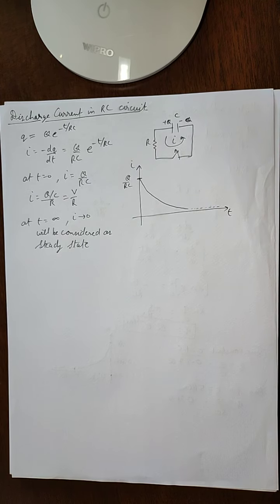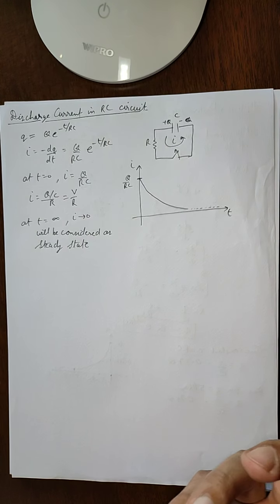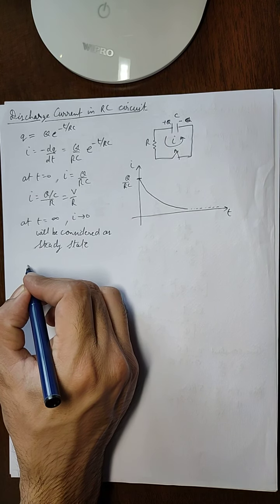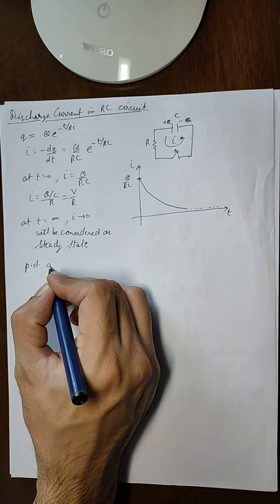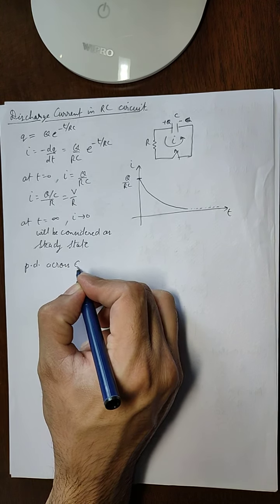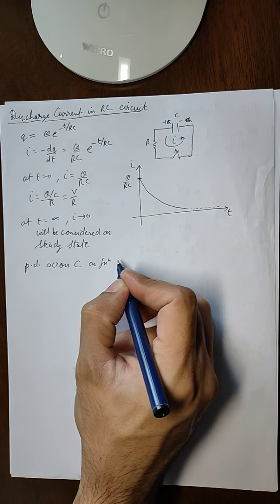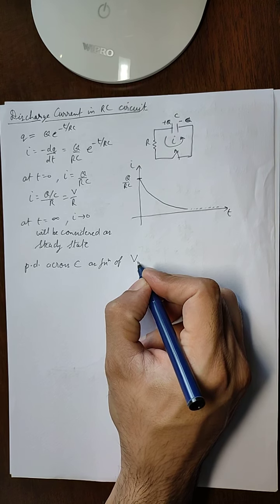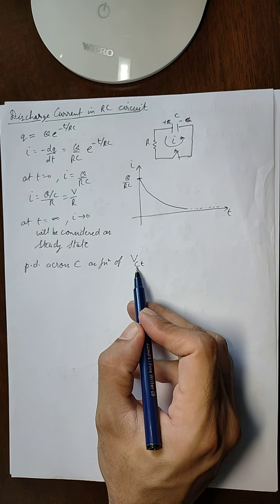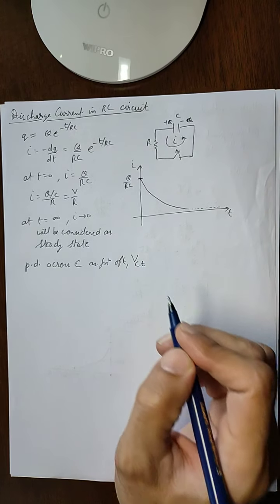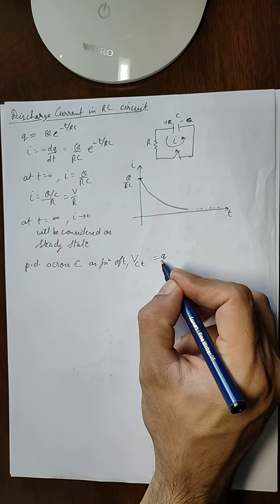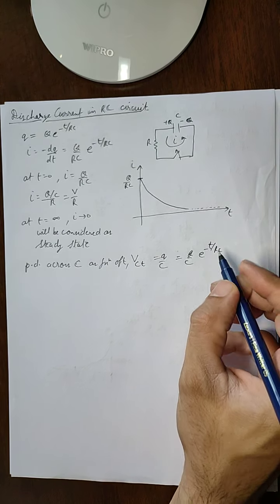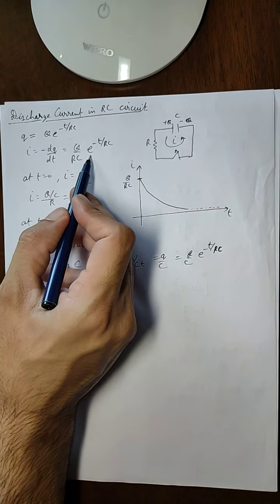Using this we can find various parameters like we did in the charging of the capacitor. We can find the potential difference across C as a function of time, because it depends upon time. So we can write VC(t), the potential across C, as a function of time, and this will be equal to Q by C, and we get this formula from here.